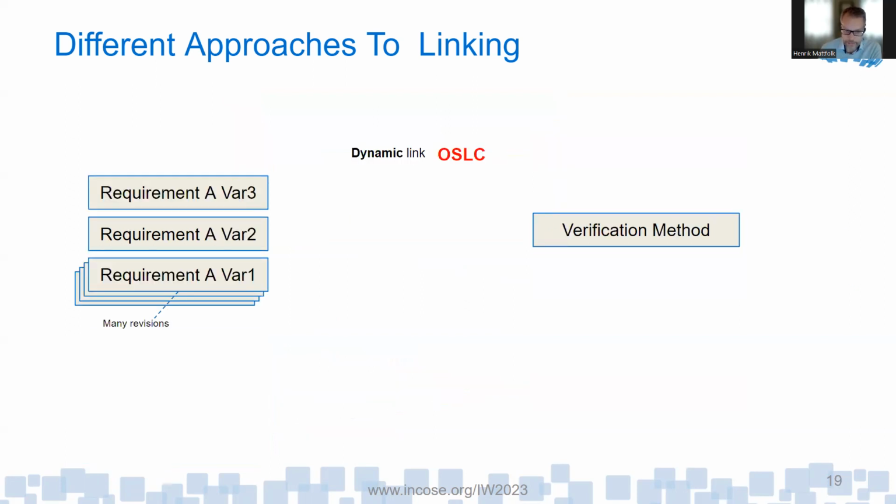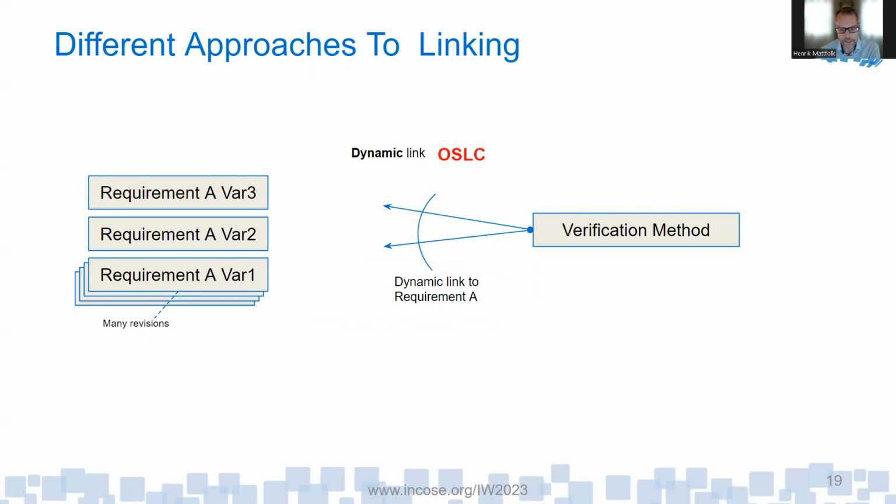And then there is this other concept in OSSC, which I'm not sure about the right name, but I call it the dynamic link here. The way that works is you have the same verification method there, but we are creating a link that will point to requirement A, but we haven't really decided which variant of requirement A or even which revision of the variant.